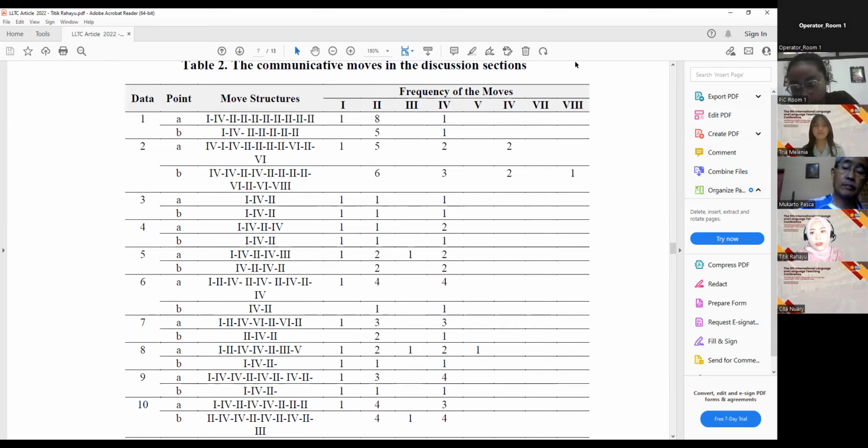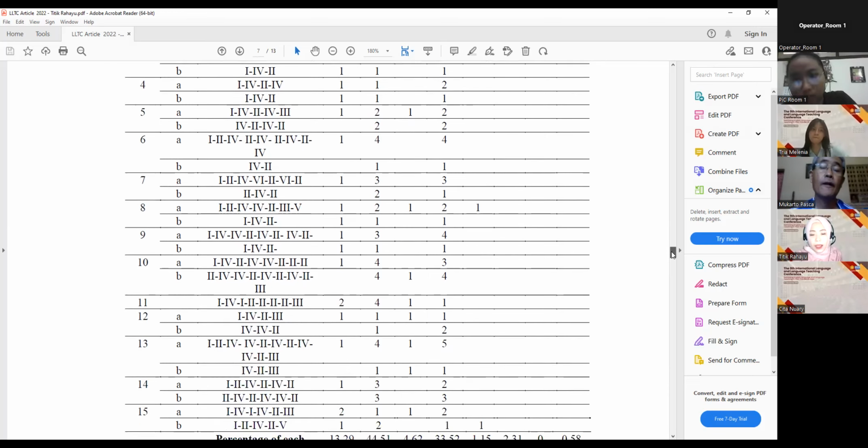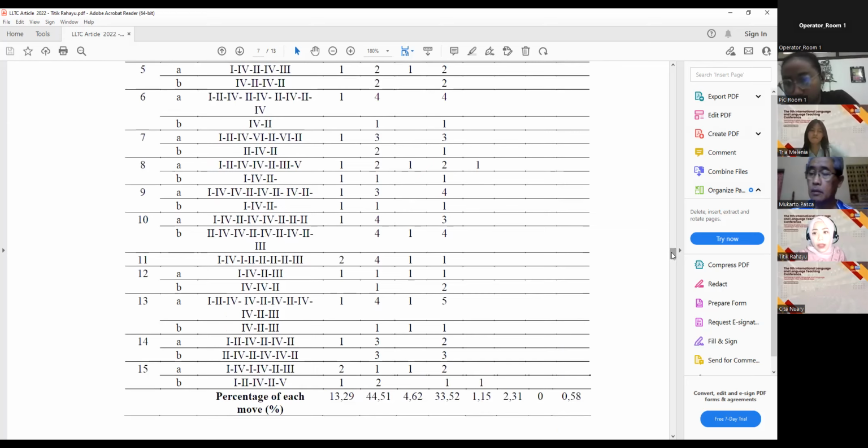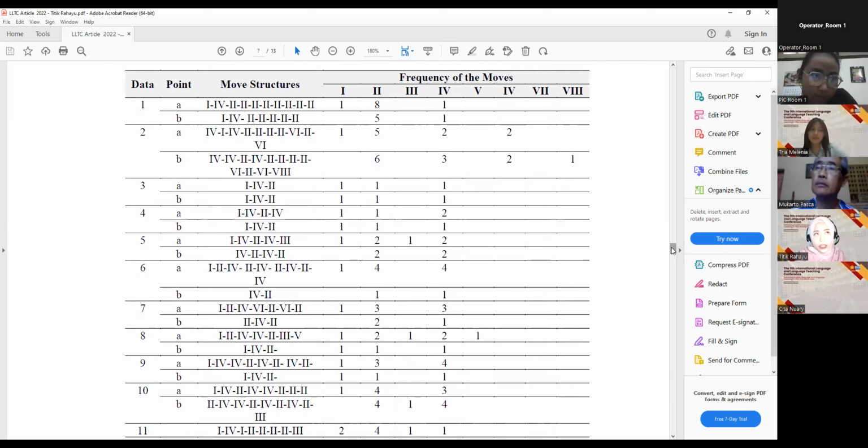Then we categorized them into the move cycle series, whether it belongs to introductions, evaluation, or conclusions in the discussion sections. Actually, I'm not saying that no research has dealt with it in Indonesia, but few studies dealt with the discussion sections compared with the introduction sections or the abstract. So rarely do studies deal with the discussion sections.